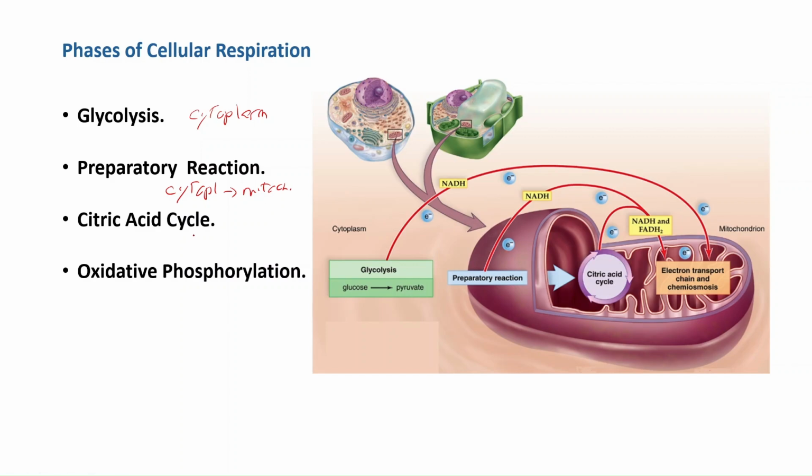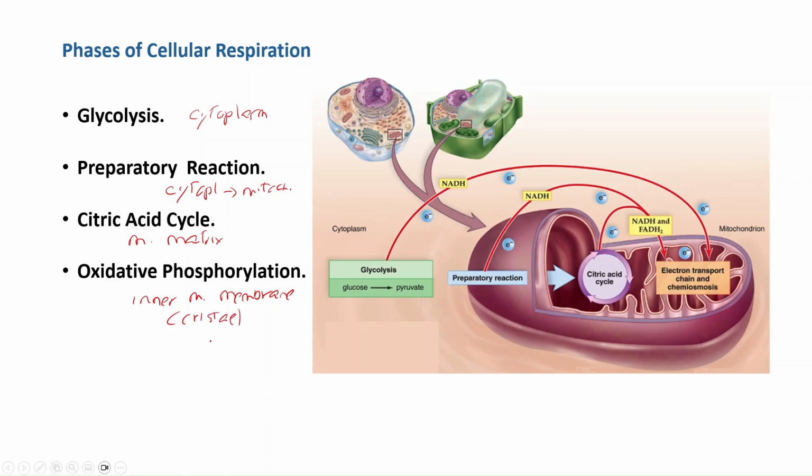The citric acid cycle takes place in the mitochondrial matrix, and then you have the electron transport chain and oxidative phosphorylation that takes place in the inner mitochondrial membrane. Remember, the mitochondria have 2 membranes, and the folds we call cristae.